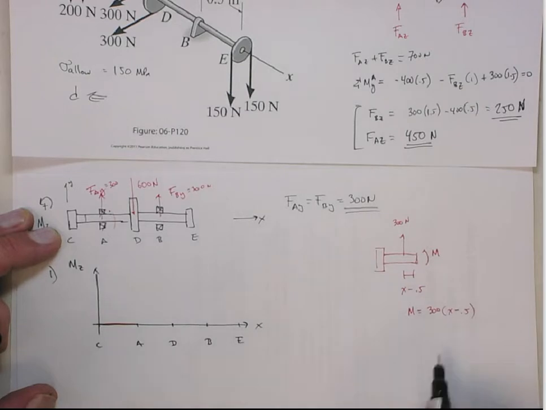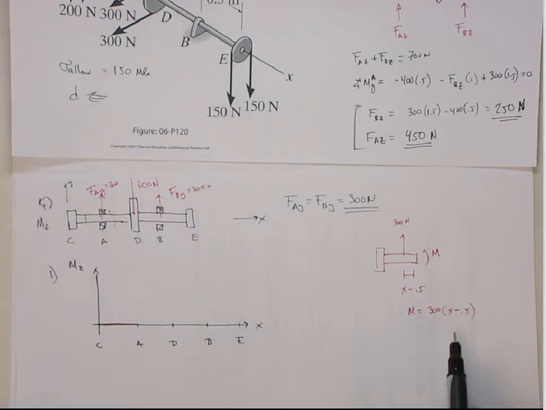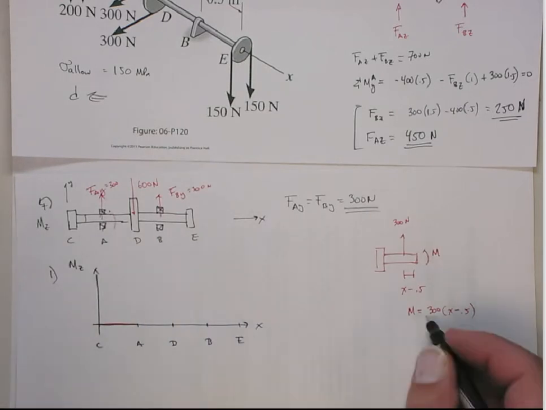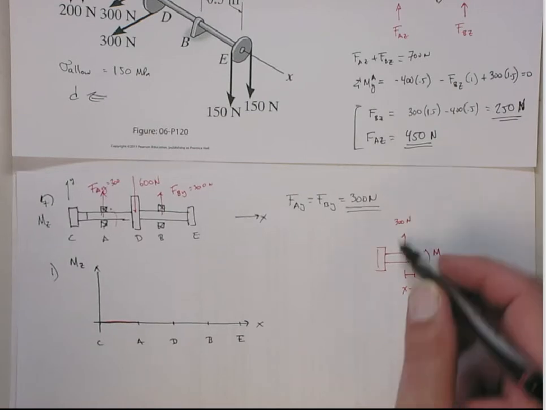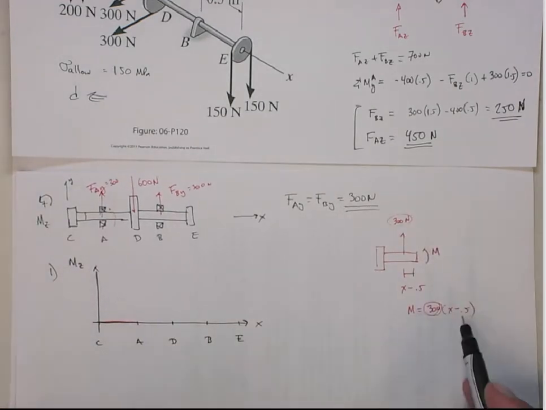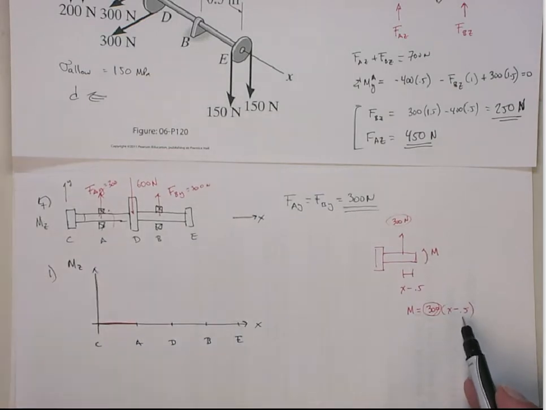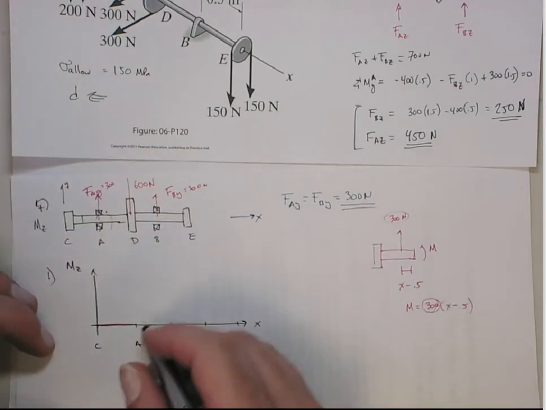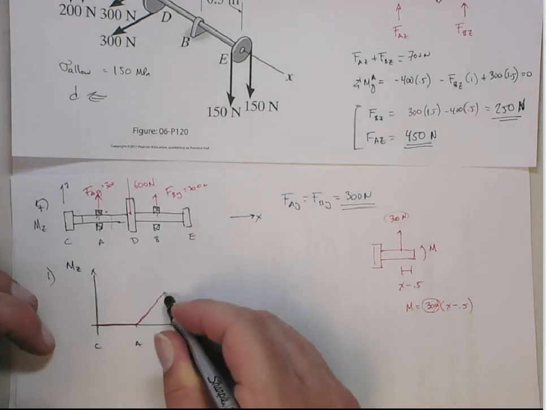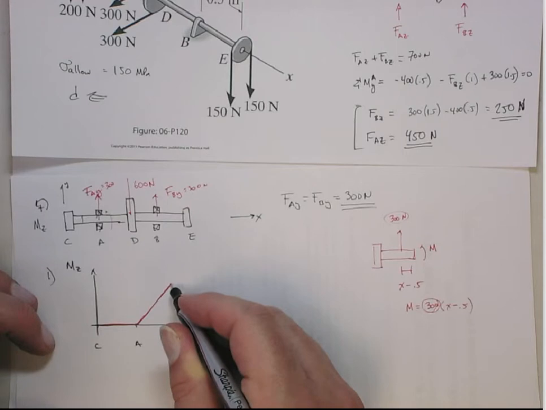All right? So whenever you have a point force, it's going to put a linear moment in the moment diagram, and the slope is always going to be equal to the value of the point force. All right? This is just going to give me a little offset point. So this one starts to go up with a positive slope of 300 until we get to this point.